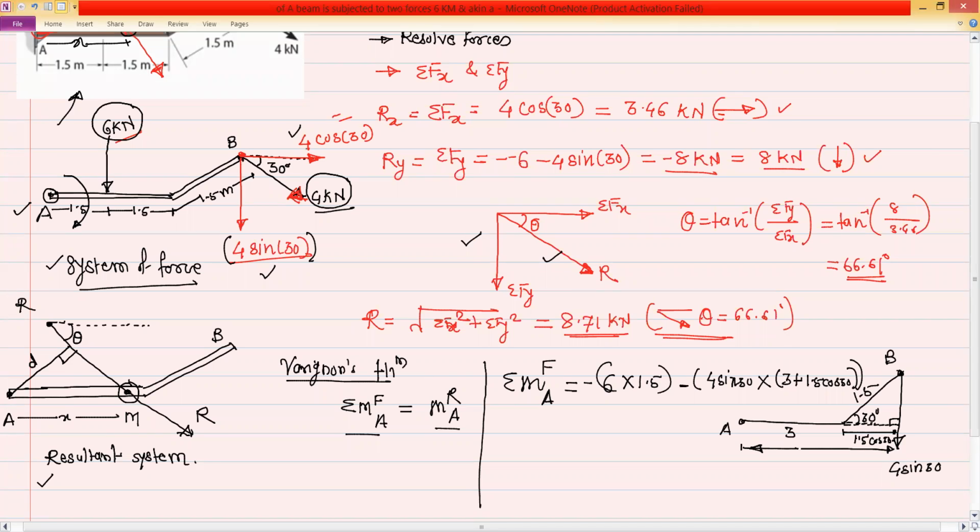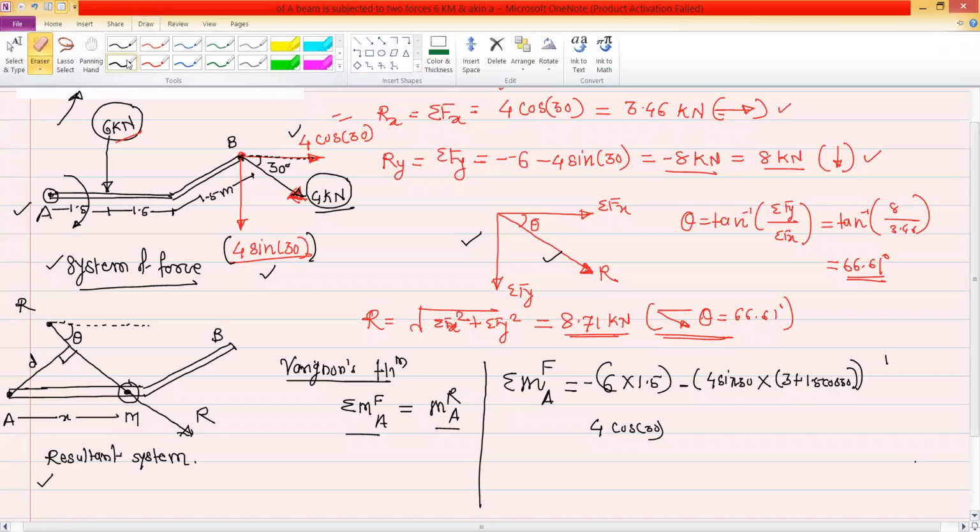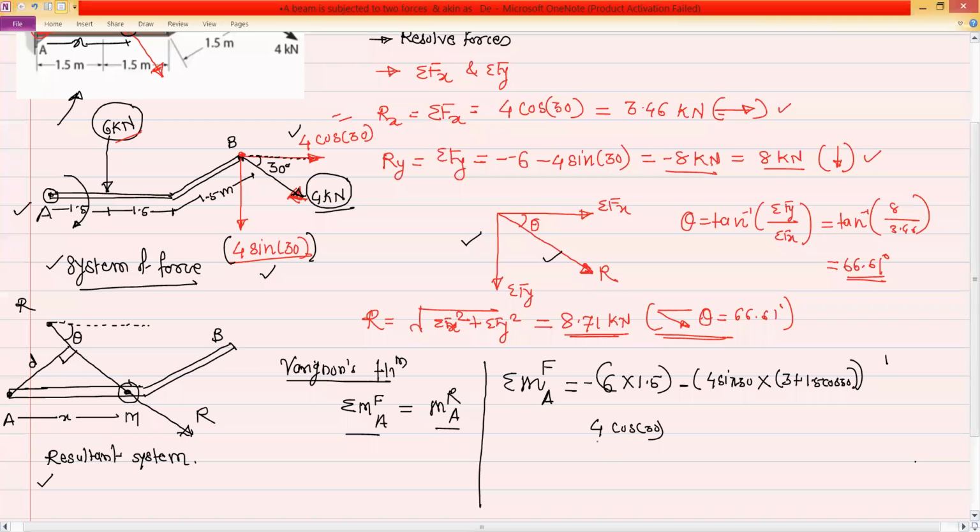And the last moment is because of 4 cos 30, so the force is 4 cos 30. And for the perpendicular distance, this is the 4 cos 30 and this is the line of action, so this distance from point A will be the perpendicular distance.